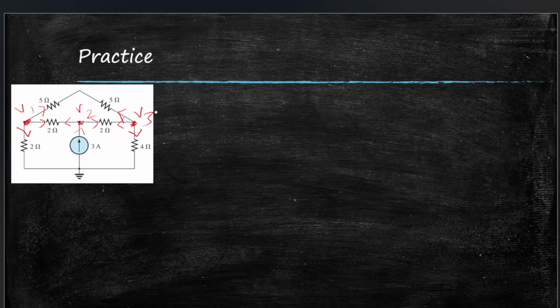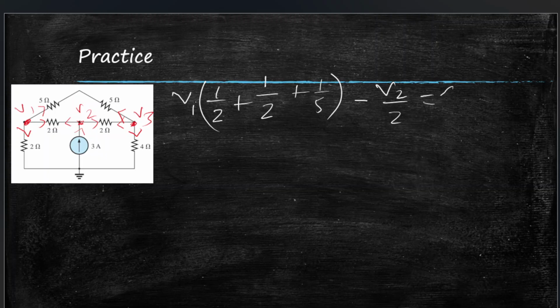So let's start with V1, using the format approach. V1 times (1 over 2 plus 1 over 2 plus 1 over 5) minus V2 over 2 is equal to 0.